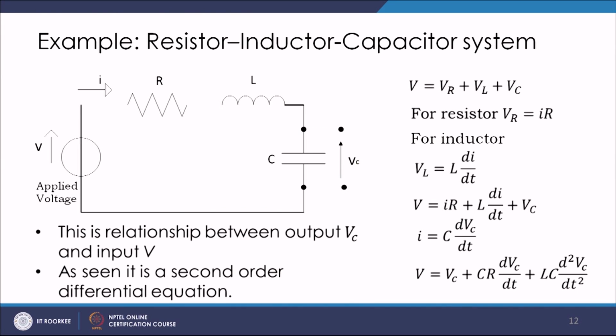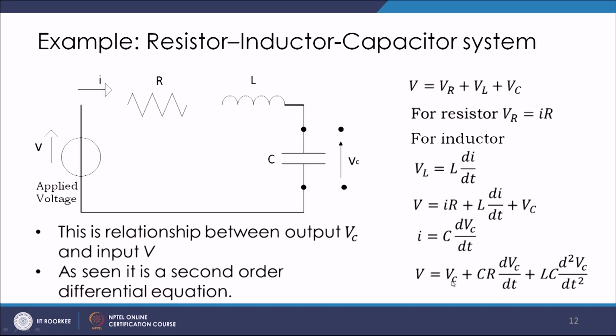Now, you see I have got I's and I want to replace these I's in terms of Vc. So, I can write the expression for the current which is passing through the capacitor, which is used to charge the capacitor, as I is equal to C dVc by dt. And I can substitute this.